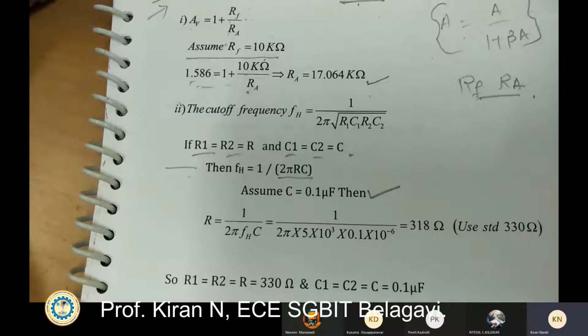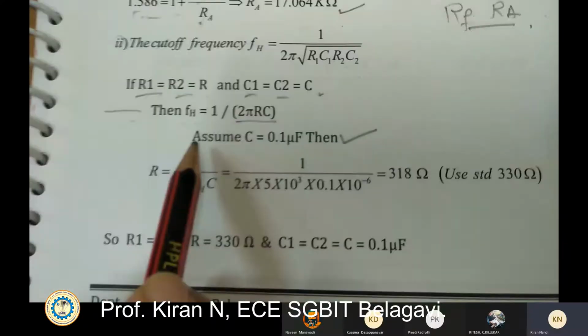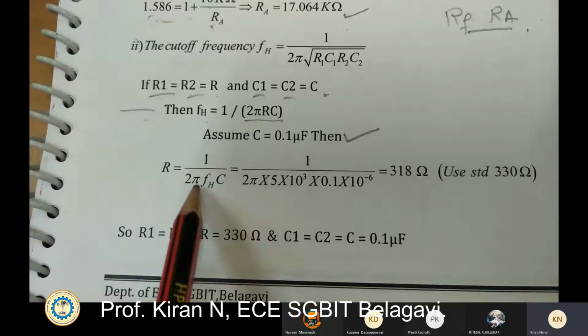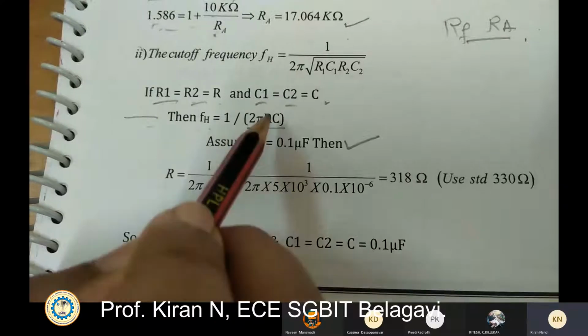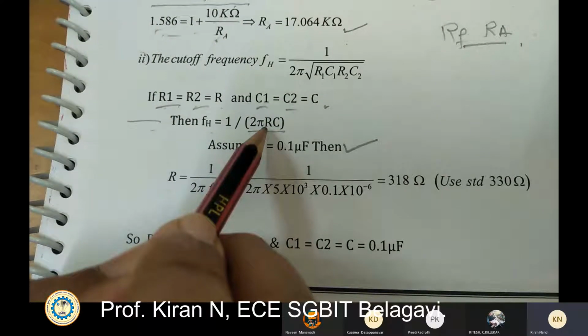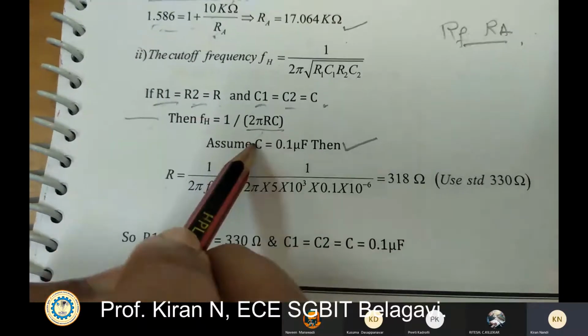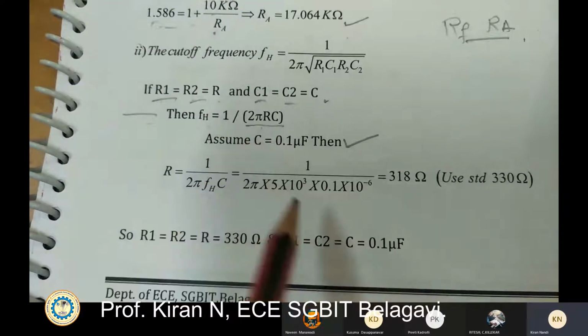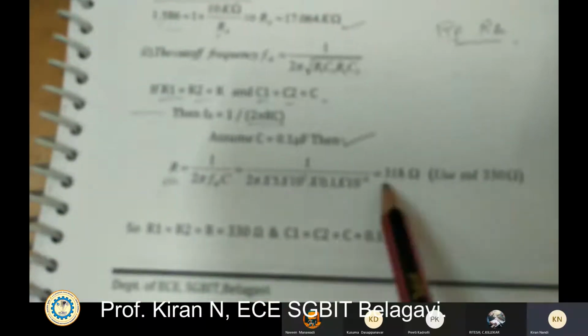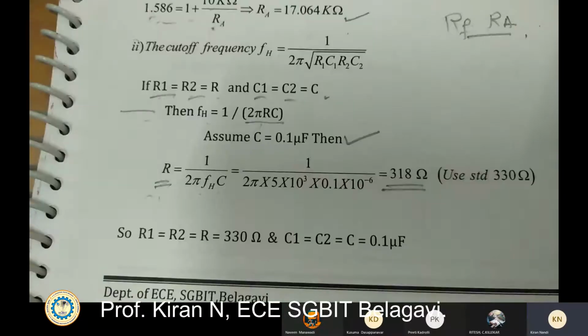Now R is equal to 1 divided by 2 pi FH C. We are altering this equation here: we are sending R to the left hand side, and the frequency goes to the bottom side. After doing this calculation, we have found the R value, that is 318 ohms.